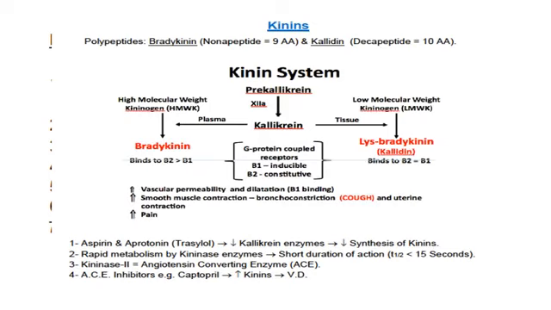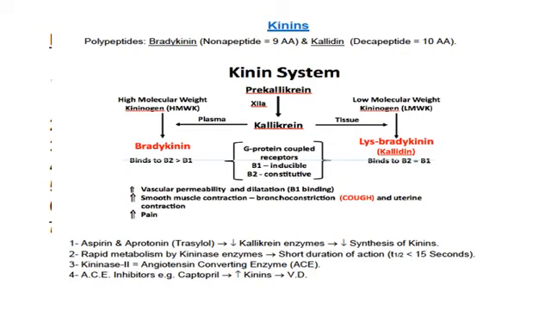Aspirin, they inhibit the kallikrein system and they decrease the synthesis of kinin, and we know that aspirin is an anti-inflammatory. يبقى when we take aspirin which is acetylsalicylic acid, this is an anti-inflammatory drug. Now how does it reduce inflammation؟ ازاي الاسبرين بيقلل الانفلاميشن؟ واحد من الاكشنز بتاعت الاسبرين ان هو it inhibits the kallikrein system and decreases the synthesis of kinins.